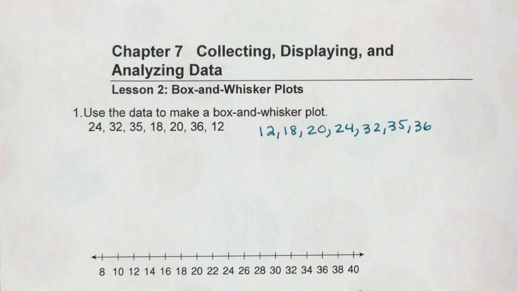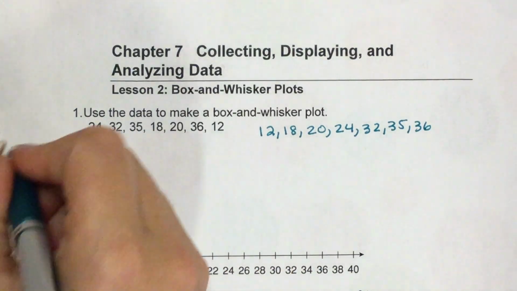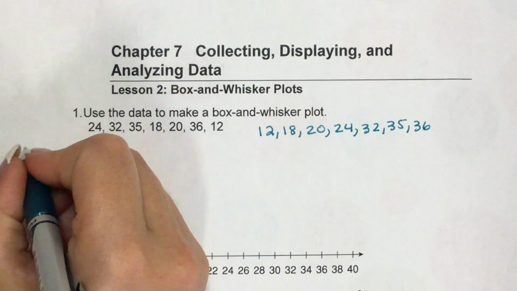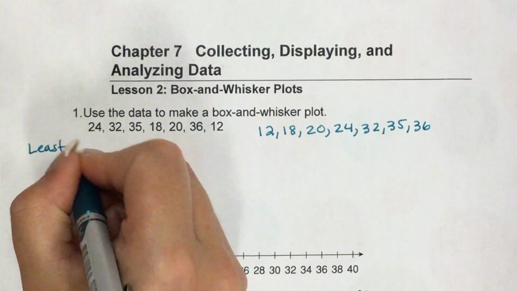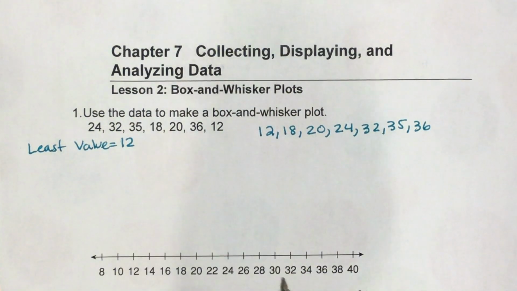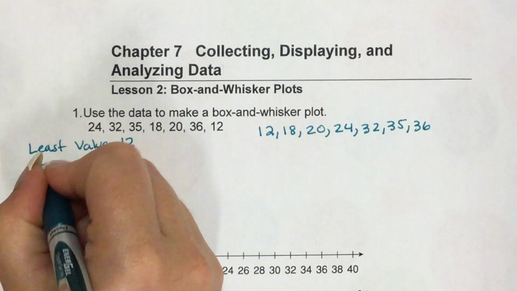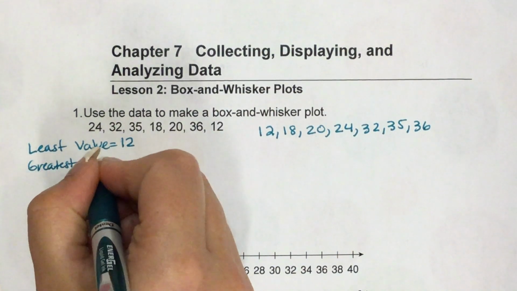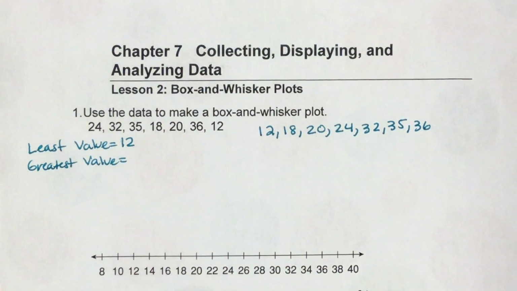All right, perfect. So when I look at this, the first thing I need to determine is my least value. My least value is equal to 12. My greatest value is equal to 36.